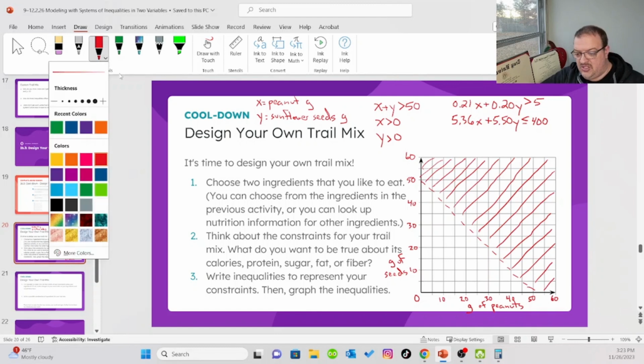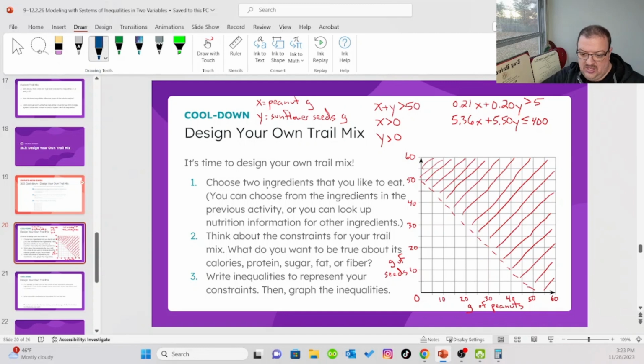Now I will change colors. Now if I go by my second, 0.21x plus 0.20y is greater than 5.